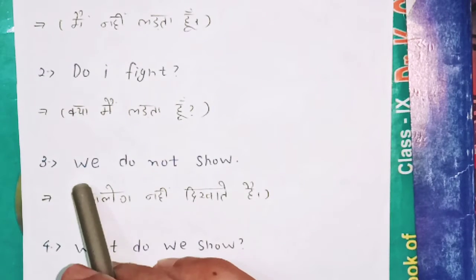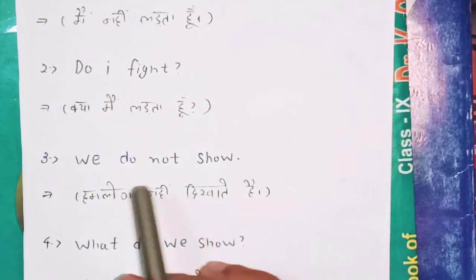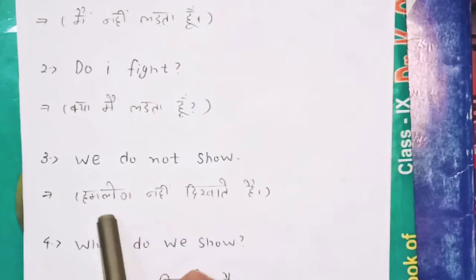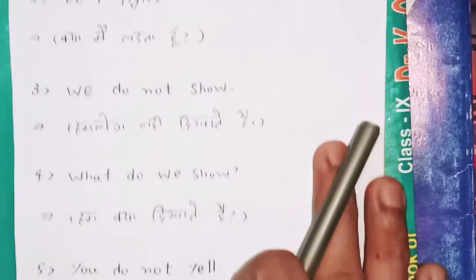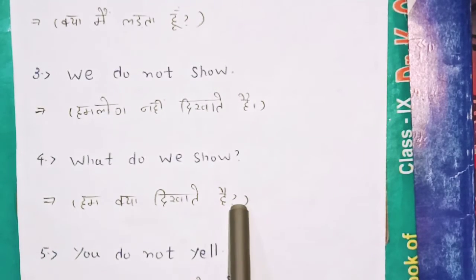The third sentence: We do not show, हम लोग नहीं दिखाते हैं. What do we show, हम क्या दिखाते हैं.